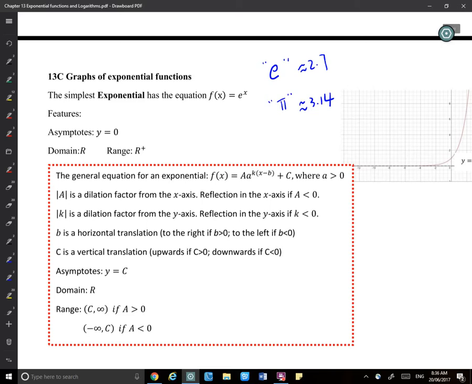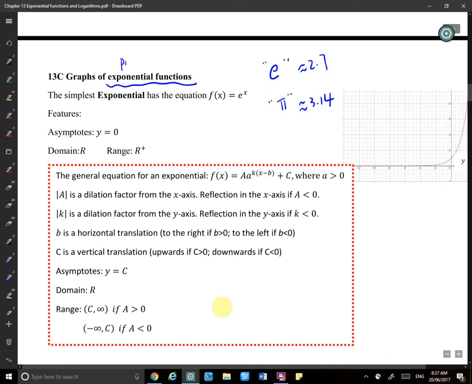And we have the exponential graph. What is an exponential graph? An exponential function has a real number base, like the base is a constant number, and the power contains some variable x or some other variable.